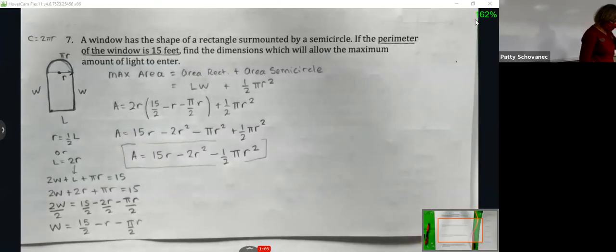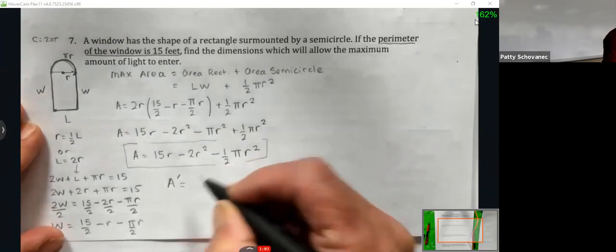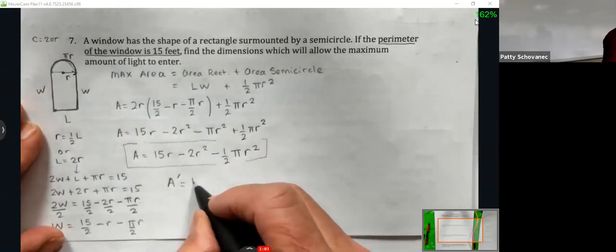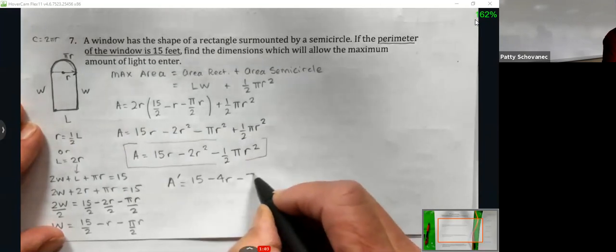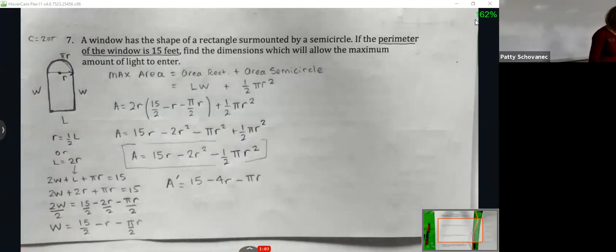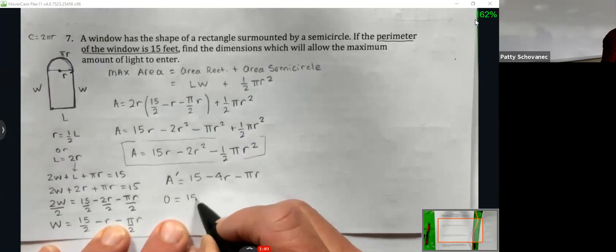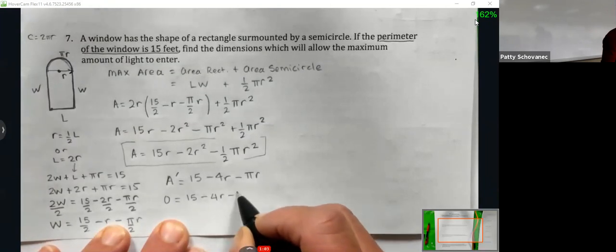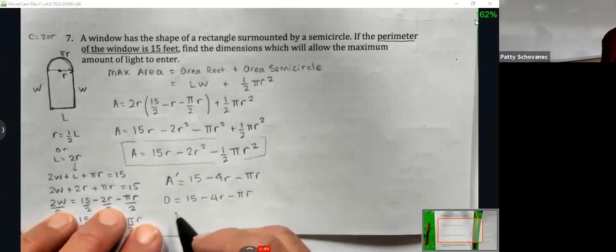All right, the derivative's not hard, it's just a polynomial. So A prime is going to be 15 minus 4r minus pi r. So we'll set that equal to 0. Let's put the r's together on this side, make them all positive.